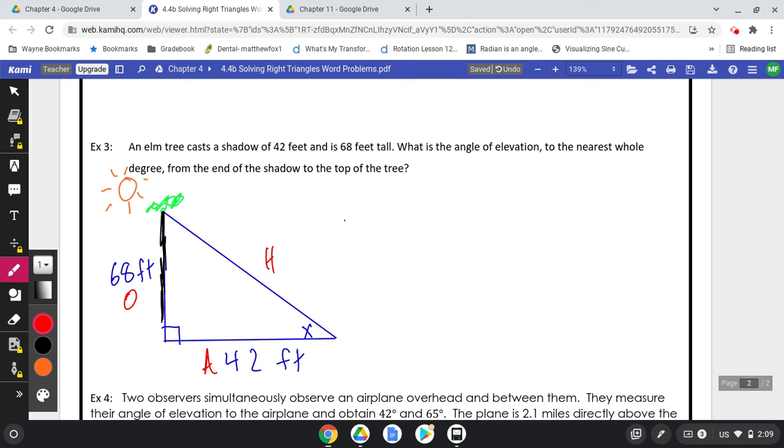So tangent, because it's O and A. Now the difference on this one, the tangent of X, I don't know what the angle is. Now O over A, 68 over 42. The inverse tangent of that 68 over 42 is how we will find this, and that will give us what X is.